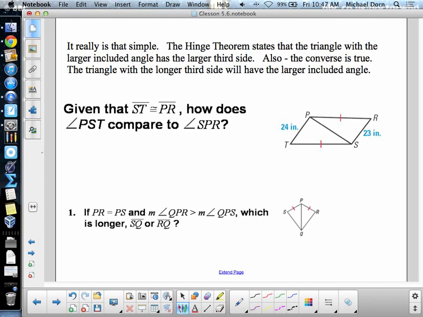However, I do know that these sides are congruent because they're indicated, and I have a shared side that's congruent. The question is, which angle has to be larger? Well, we're going to compare the angles opposite the non-congruent sides. So we're going to compare angle PST and angle SPR.